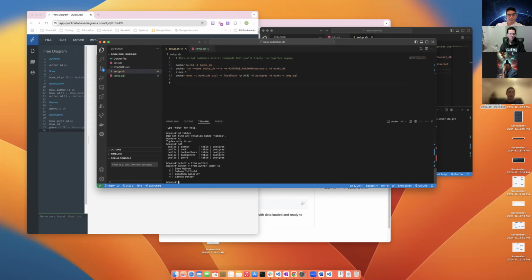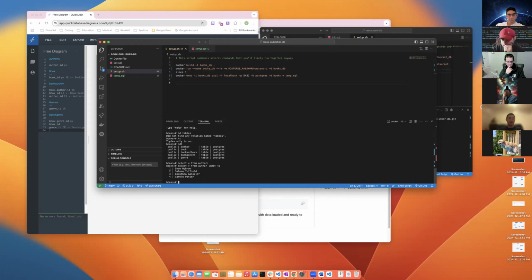It didn't list the headers. Why is that? That is weird. Oh, I think it's because tuples only is on.